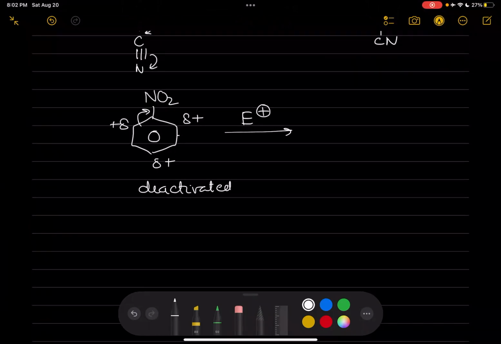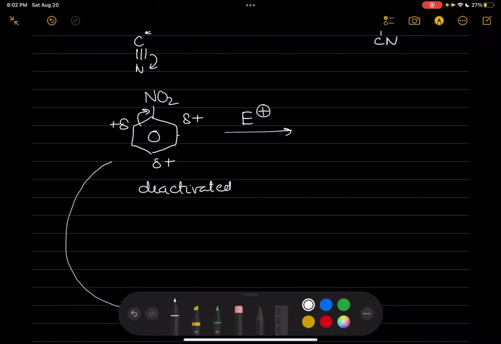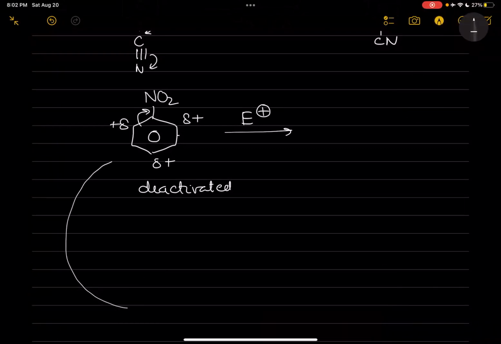But if you are looking for the attack of a nucleophile, then this ring will be considered as activated, because it has a plus charge, and plus charge is an invitation for a nucleophile.